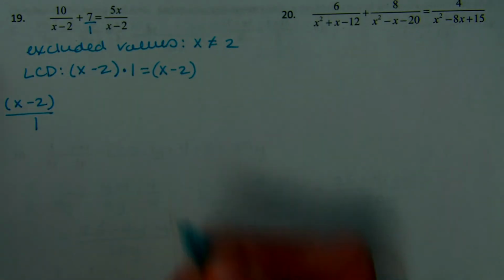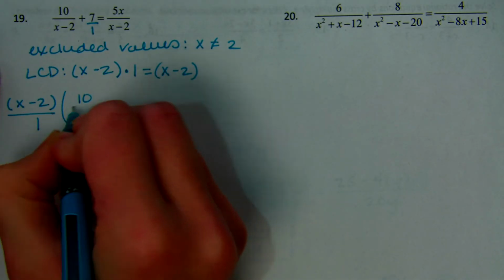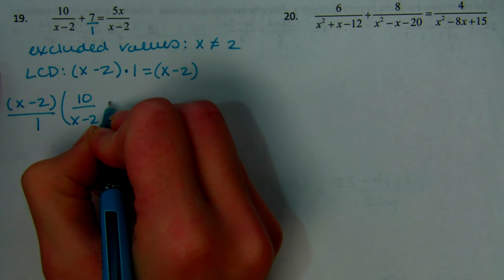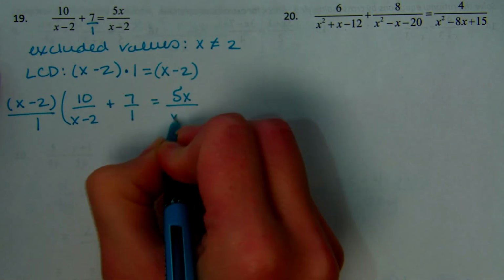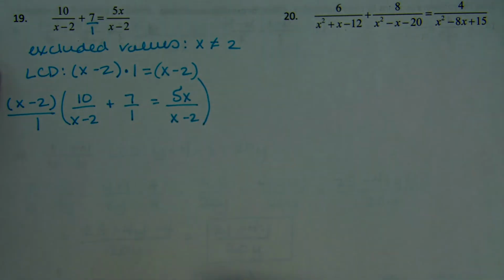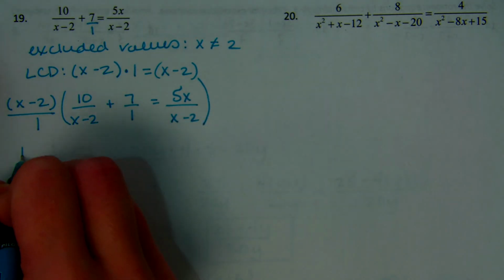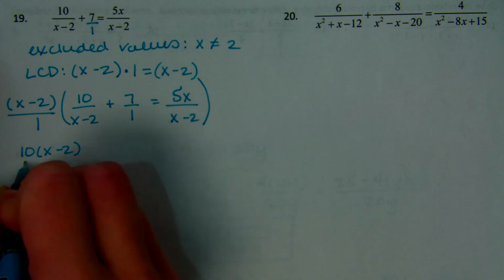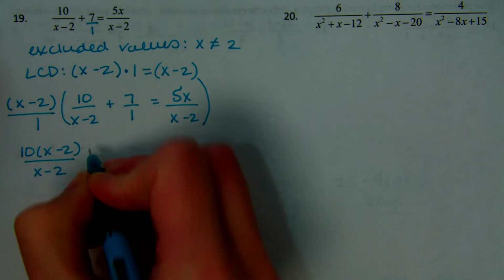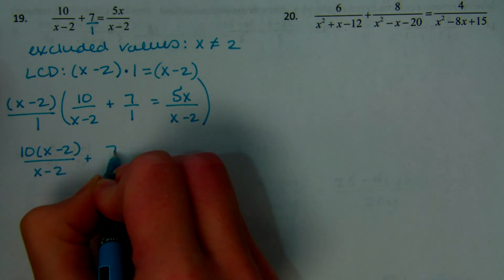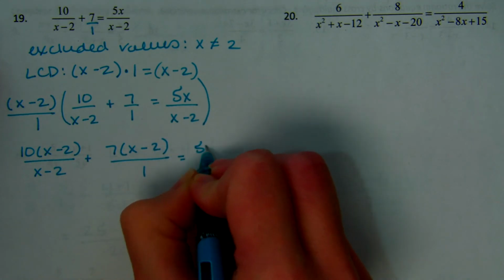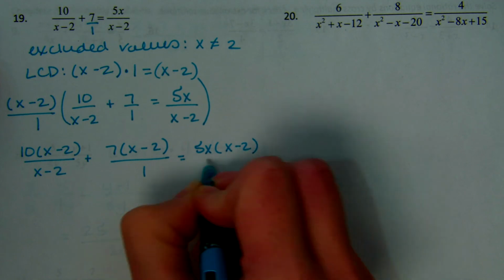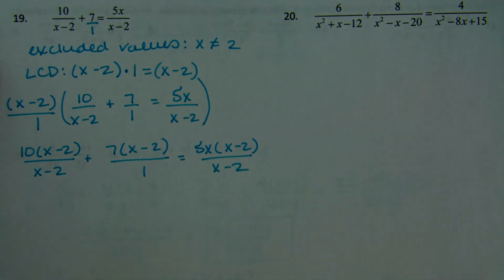I'm going to multiply everything by x minus 2. So 10 over x minus 2 plus 7 over 1 is equal to 5x over x minus 2, like that. So this is 10 times x minus 2 over x minus 2 plus 7 times x minus 2 over 1 is equal to 5x times x minus 2 over x minus 2.